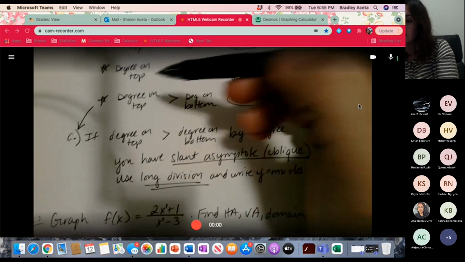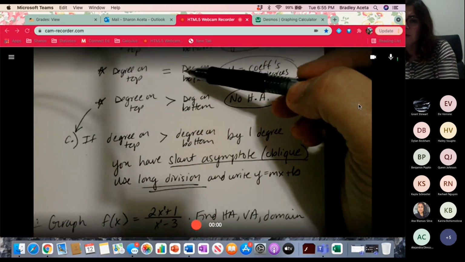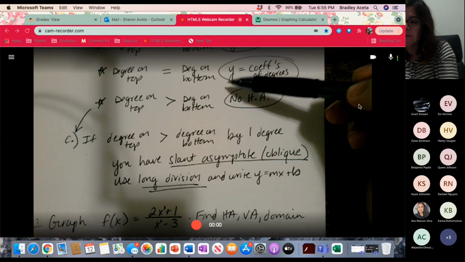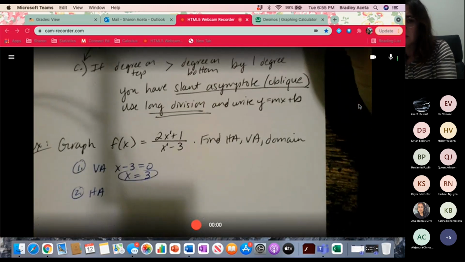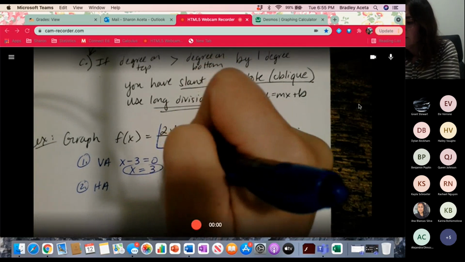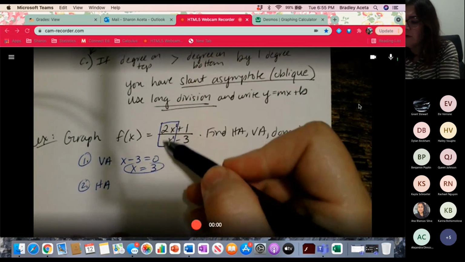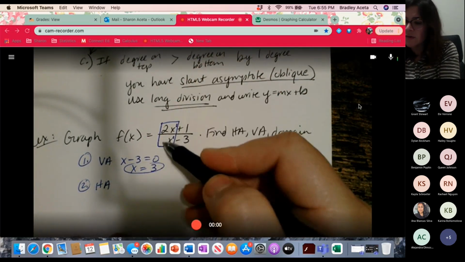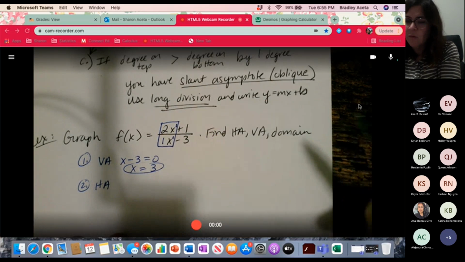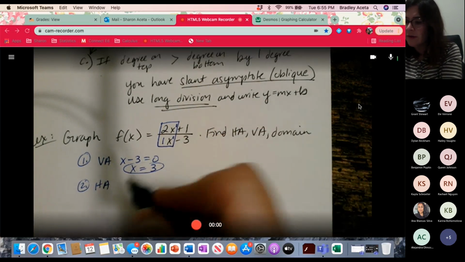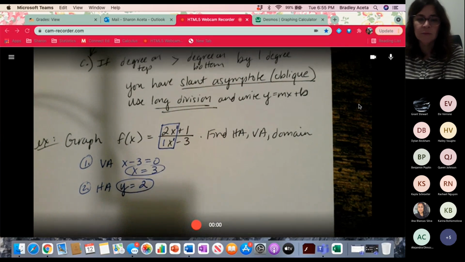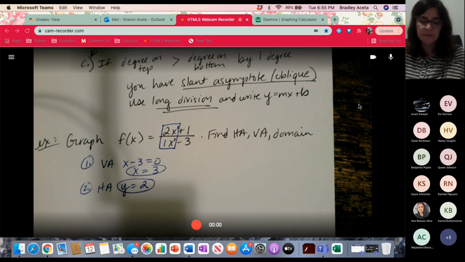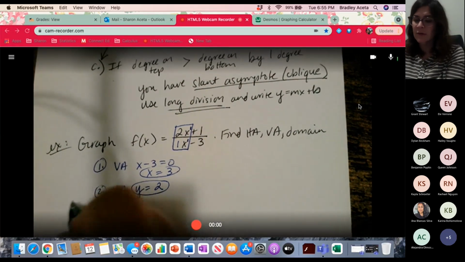So the degree on top is equal to the degree on the bottom. What does that mean? It means it's the coefficients of the degrees. There's a 2 here, and what's right here? A 1. 2 over 1. y equals 2. That's the coefficients because the degrees are equal.